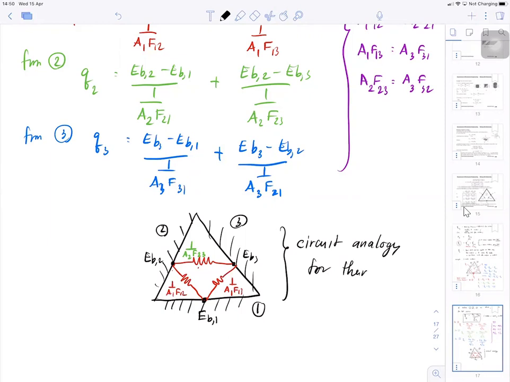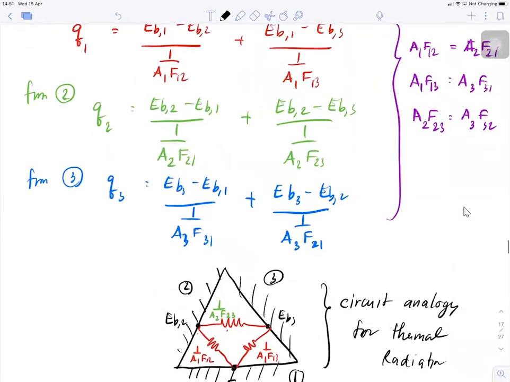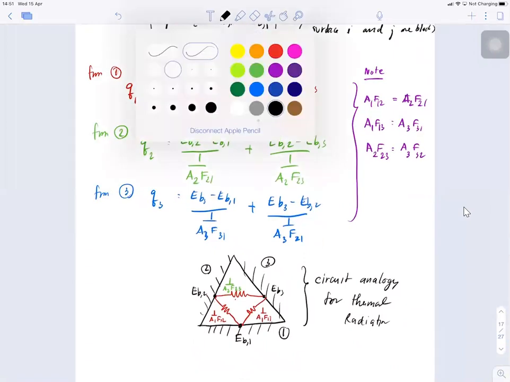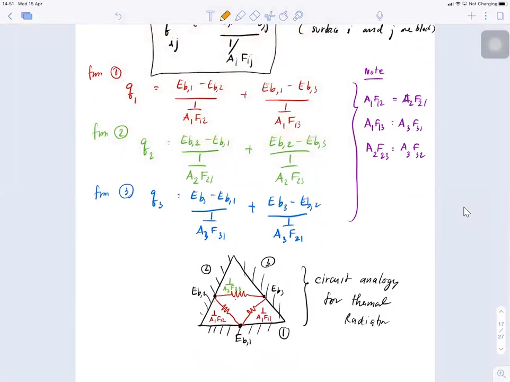for thermal radiation, you can write, okay, you can represent this by this.